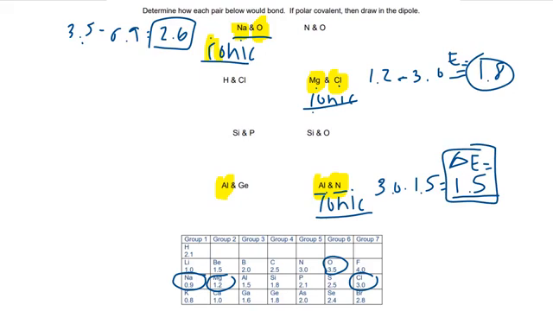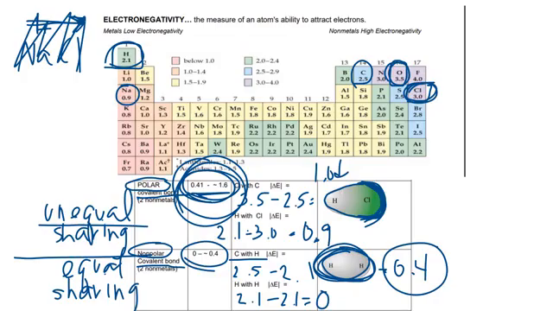So now let's go and look at aluminum and Ge. So I've got 1.5. And where's my Ge? 1.8. So 1.5 minus 1.8 gives me 0.3. And if I go back and look, 0.3 is in this range of non-polar covalent.